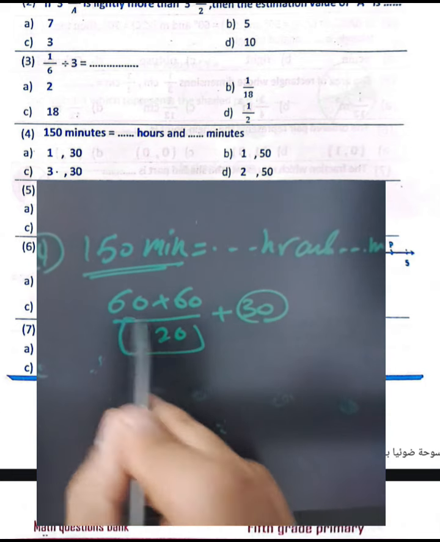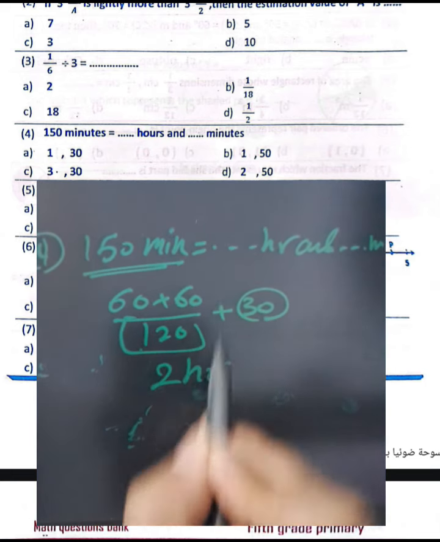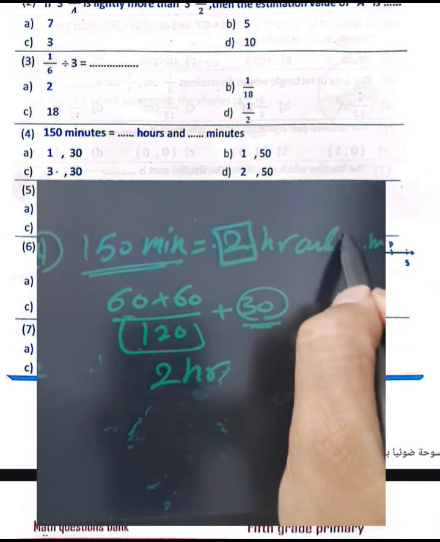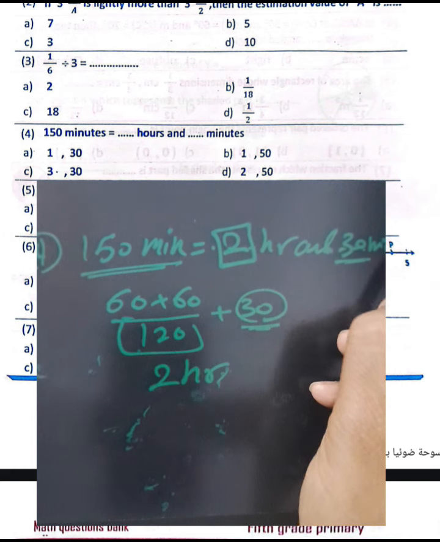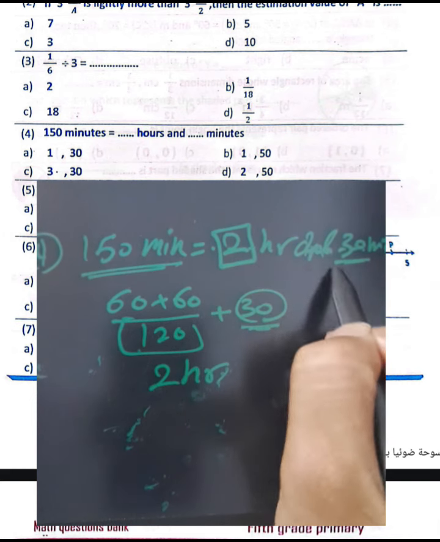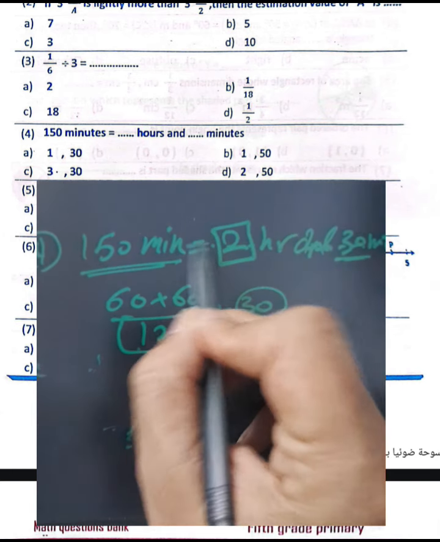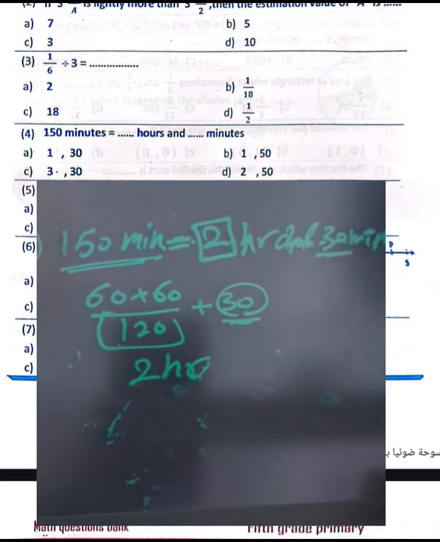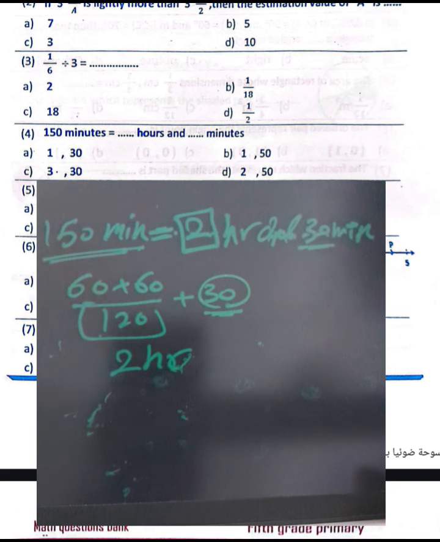And 120 minutes is 2 hours. Then you can write 2 hours and the remainder 30 minutes. Write 30 here. Okay, then we can write 2 hours and 30 minutes.